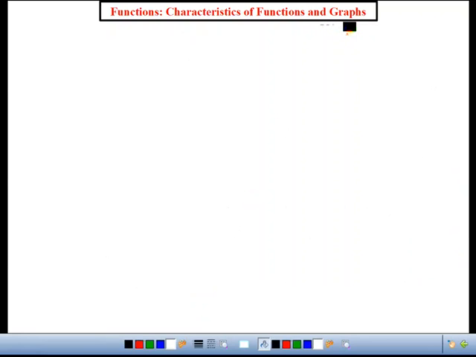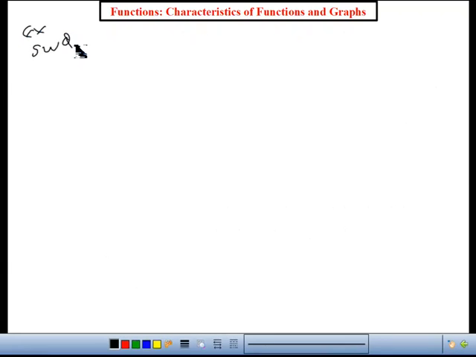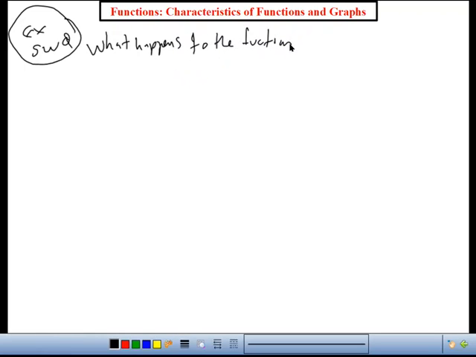All right. So for this one, we're going to label it example Star Wars Q. And instructions: what happens to the function from x equals 1 to x equals 2?